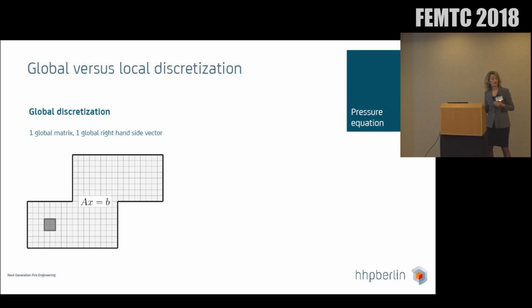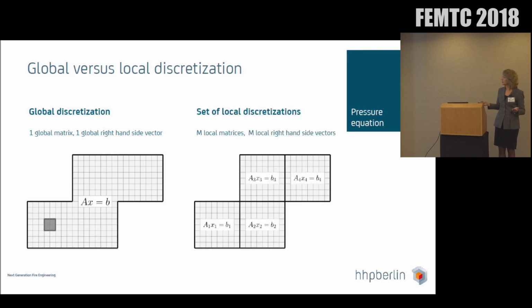Now, the first obvious way of proceeding would be to discretize the whole domain. We use a huge grid for the whole domain, and we end up with one global matrix. But we want to do it in parallel, so we can also use a set of local discretizations.